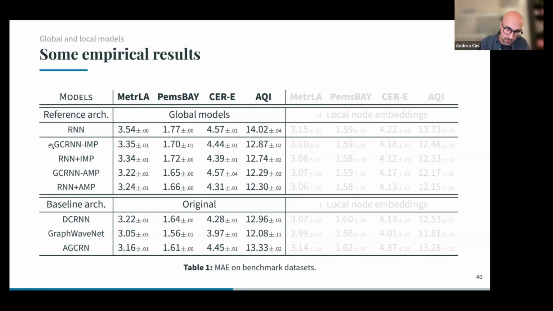In particular, we have these GCNNs that are basically time and space models. And then we also have different implementations of time and space models. And then we also have 3 architectures from the state of the art.